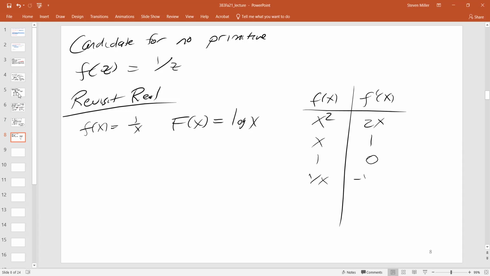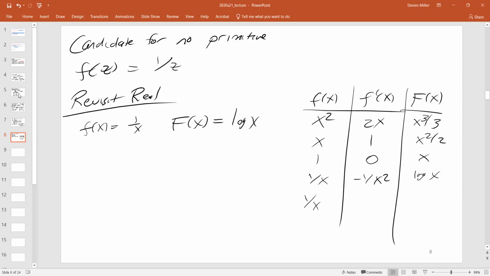I'm going to take the negative 1 over x squared. And now let's add the antiderivative. So x squared would go to x cubed over 3. x would go to x squared over 2. 1 would go to x. 1 over x would be log of x. And if we kept going, 1 over x squared would go to negative 1 over x cubed, negative 2, right? And if we integrated 1 over x squared, we would get negative 1 over x.